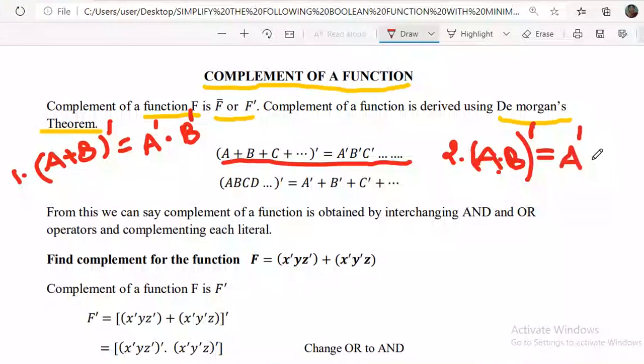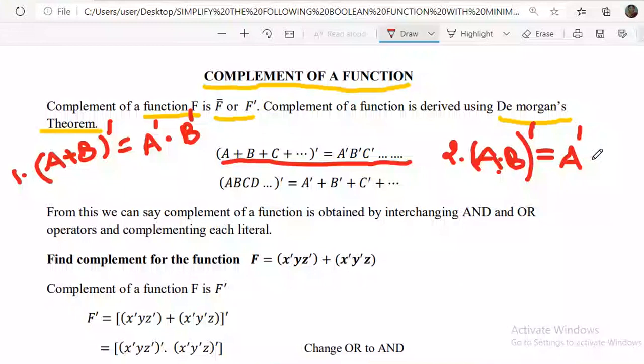What I have between these alphabets is multiplication, so multiplication, the dot, will be converted to addition, or. The AND function will become the OR function, that is, dot will become plus. This is what you have to remember when doing De Morgan's theorem.